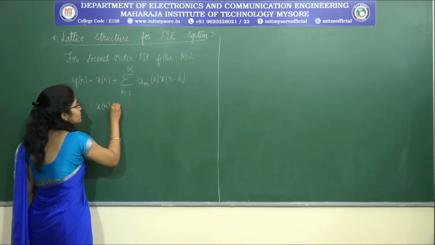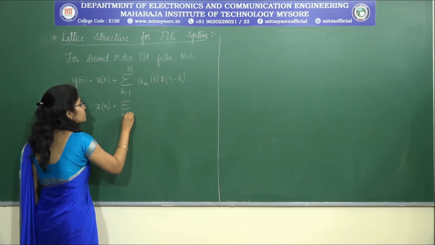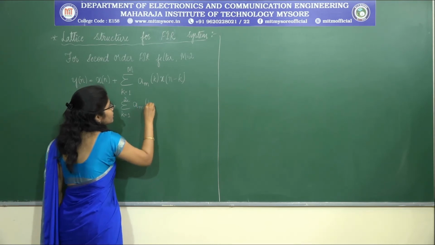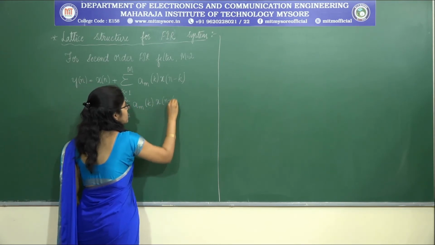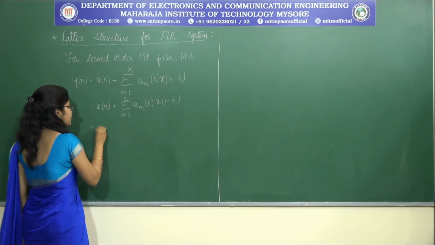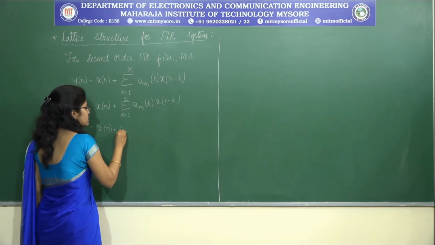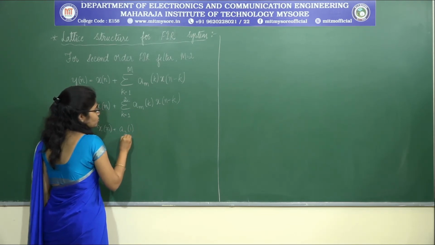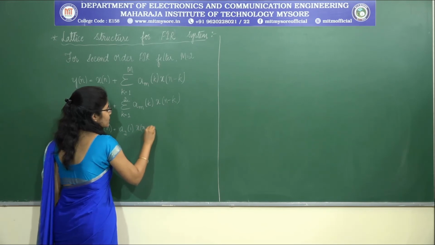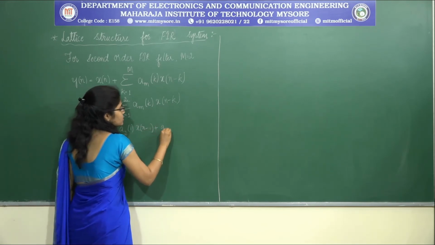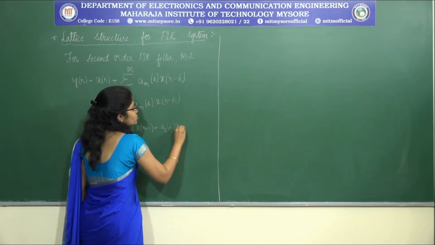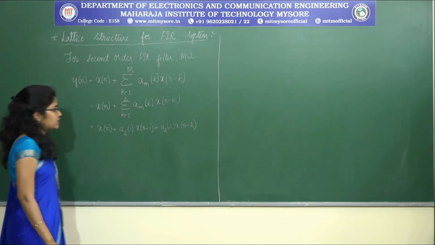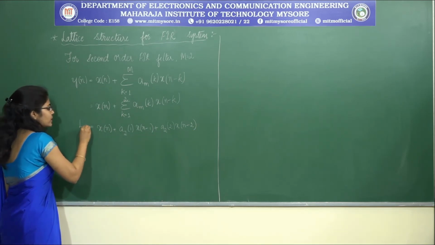So, x of n plus summation k ranges from 1 to 2 of a2 of k into x of n minus k. Now, let us expand the summation. So, x of n plus, the value of m is 2, a2 of 1 into x of n minus 1 plus a2 of 2 x of n minus 2. So this is nothing but the equation for y of n.